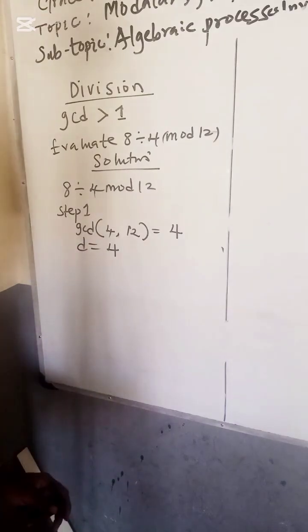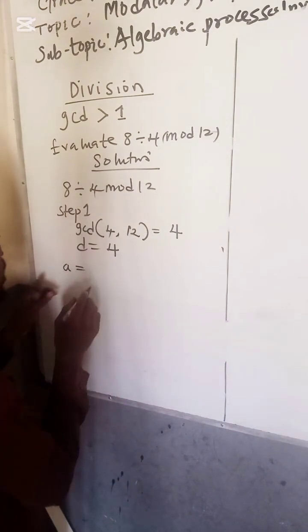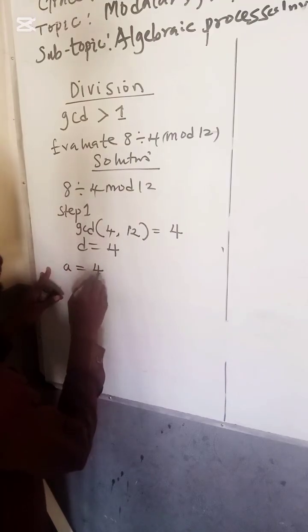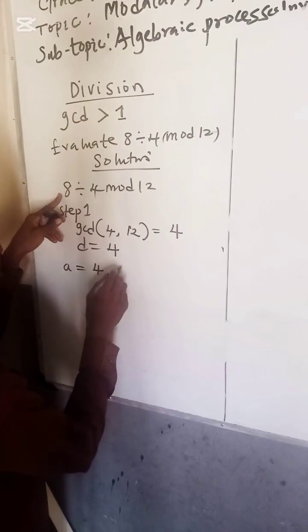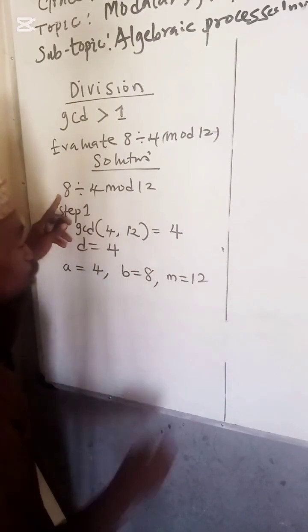Now, there's a point I also want us to know. Name them out. We say A is your divisor. In this case, A is 4. B is the dividend, and B here is 8. M, the modulus, is 12.